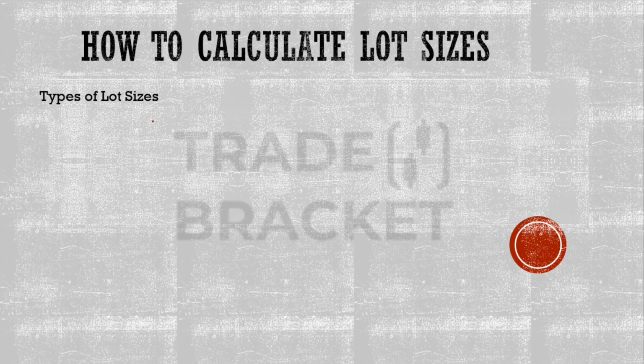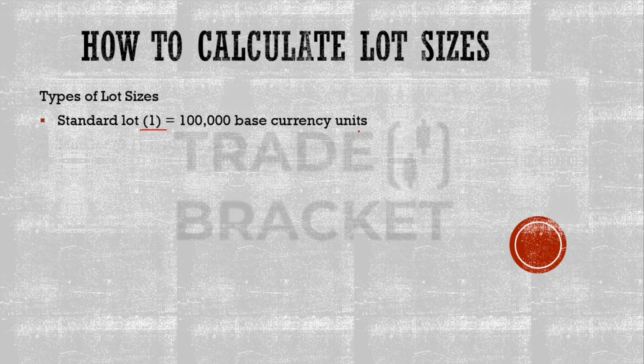Now let's talk about the types of lot sizes. We have 4 different types. Starting us off, we have the standard lot, also known as one lot size, and this is equal to 100,000 base currency units. Next we have the mini lot, which is 0.1 lot size, equal to 10,000 base currency units.